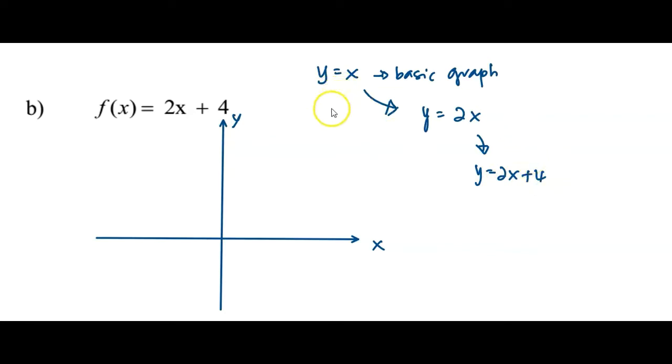Alright, we start from y equals x first. This is the graph of y equals x, a linear line that passes through the origin (0, 0). Now from y equals x, I want to sketch the graph of y equals 2x. You can see that the gradient is increased from 1 to 2, meaning that y equals 2x will be steeper than y equals x.